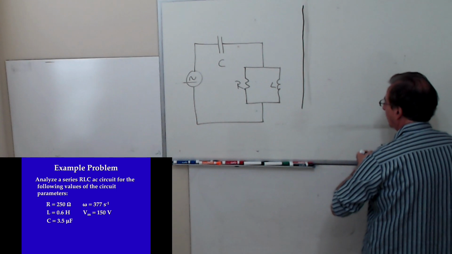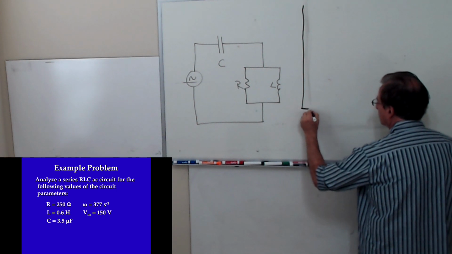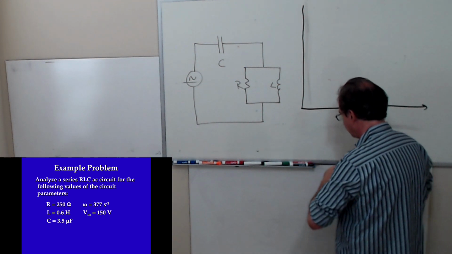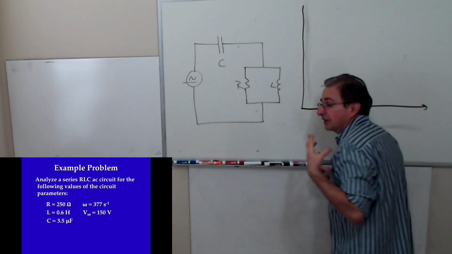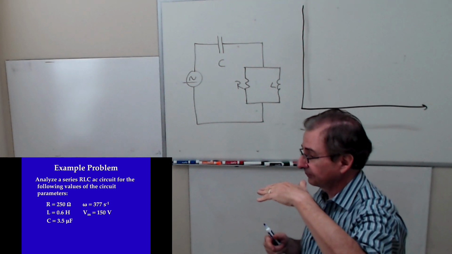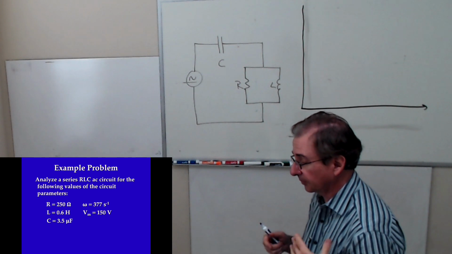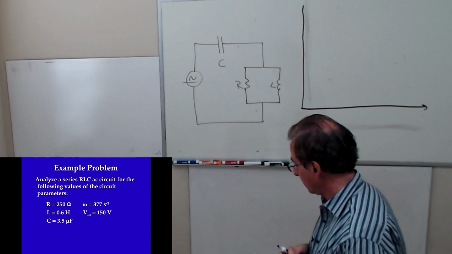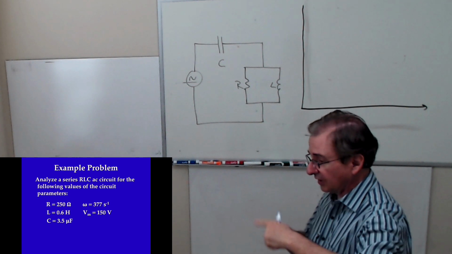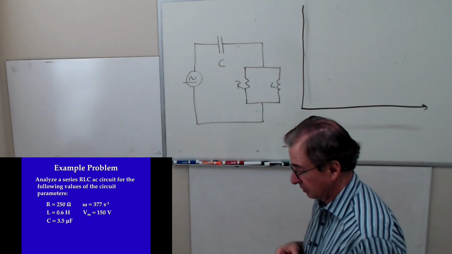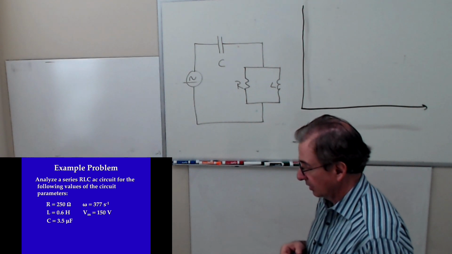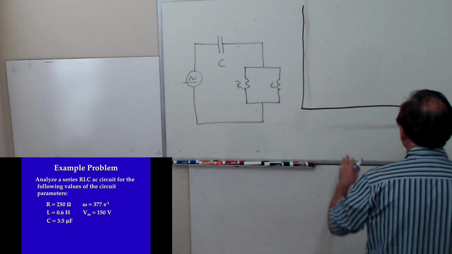Yeah, and the reason why I'm doing that is because if I want to find, well, everything's measured with respect to the total current, right? The phase angle between your total current through the power supply and the voltage across the power supply is measured between those two vectors, right? And so it's going to be easy for me to draw it this way.